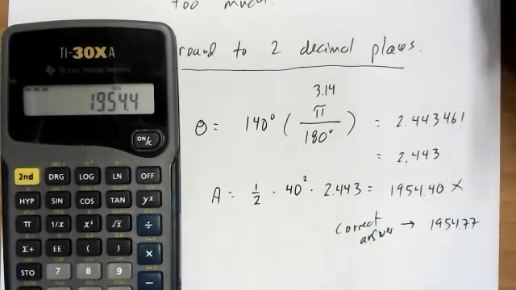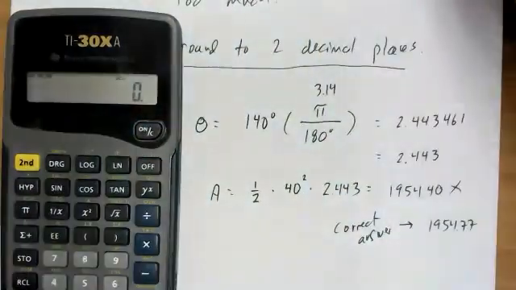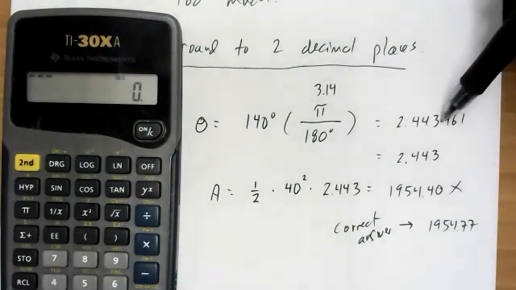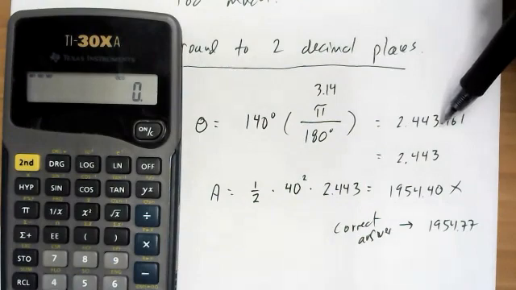So what should have been done? Well, in this case, the problem was at this point in time, the student rounded off this number here, which honestly, it was 3 places.